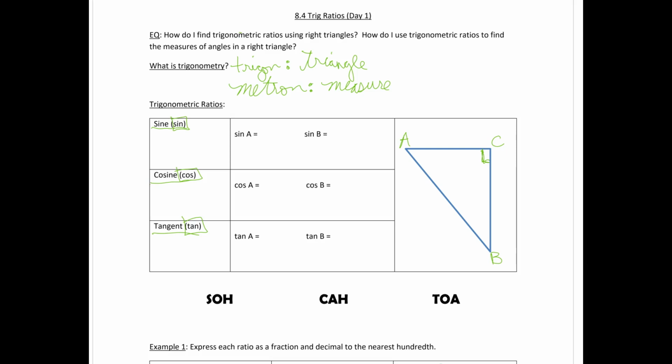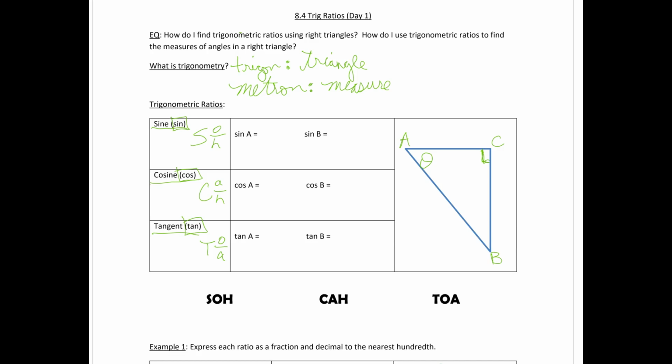So if we were talking about angle A being our what we would call theta, and I'm going to draw a little symbol there called theta. So we're looking at that angle A. So the sine of A would be a ratio equal to the opposite over the hypotenuse. I like to write my SOH like this, and my CAH for cosine like this, and my TOA like this.